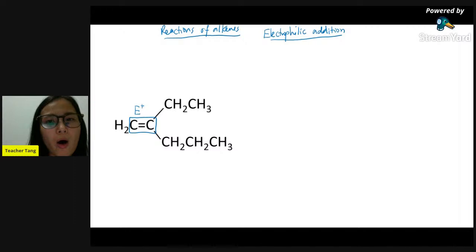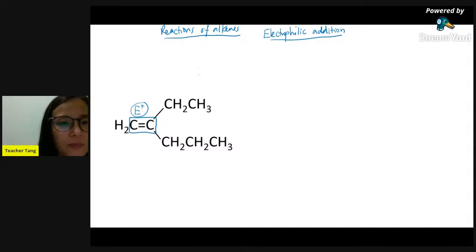It depends on the electrophile used to attack the carbon-carbon double bond. If you have hydrogen with the presence of a catalyst such as platinum, then again the carbon-carbon double bond will become a single bond.